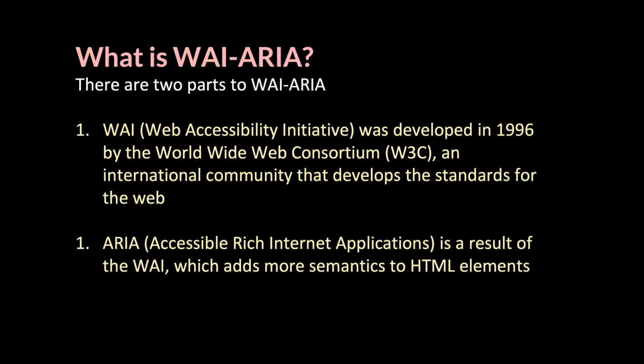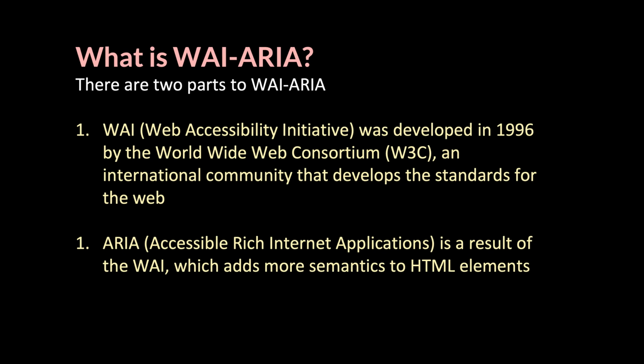So first, what is WAI ARIA? Well, there are two parts to WAI ARIA. One, the WAI, which stands for Web Accessibility Initiative, was developed in 1996 by the World Wide Web Consortium, or W3C. That's an international community that develops the standards for the web.